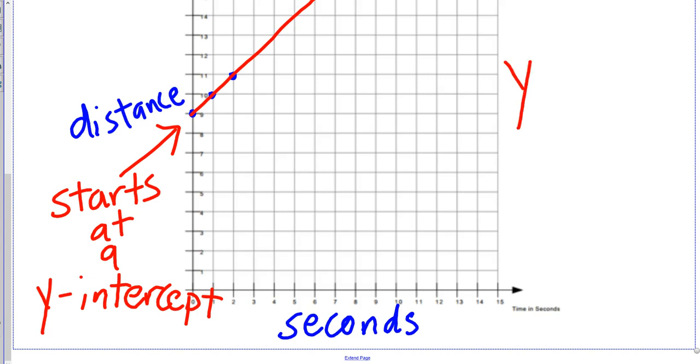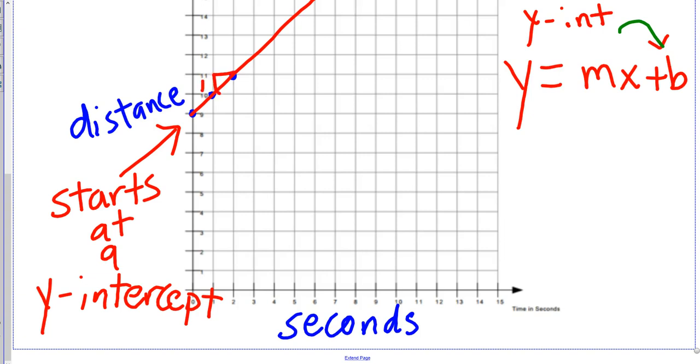So if I was writing this in an equation, look at this. This is algebra. Remember we did y equals mx for proportional? Any equation can be written y equals mx plus b. B is your y-intercept. So my slope, rise over run, is 1 over 1, right?